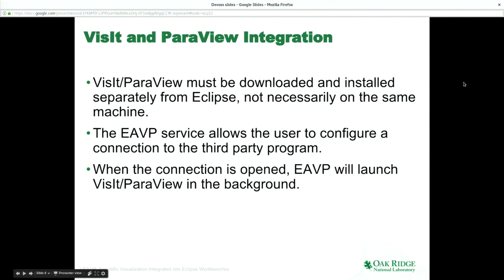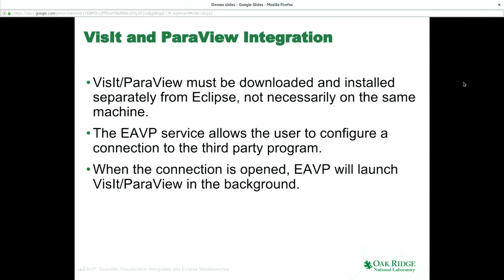So these are third-party software, and they are not integrated into EAVP. You have to download them separately because we don't necessarily require that they be on the computer you're trying to visualize on. You may want to run your visualization on a remote machine, such as an HPC computer, and in that case, you can set up your connection to a remote or to a local instance.